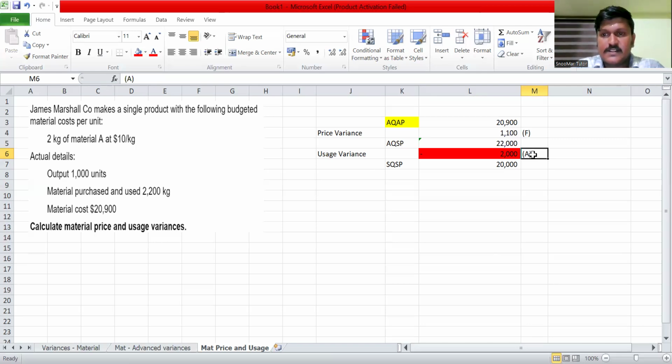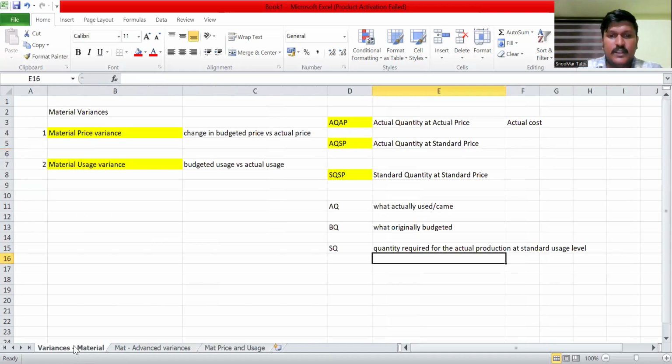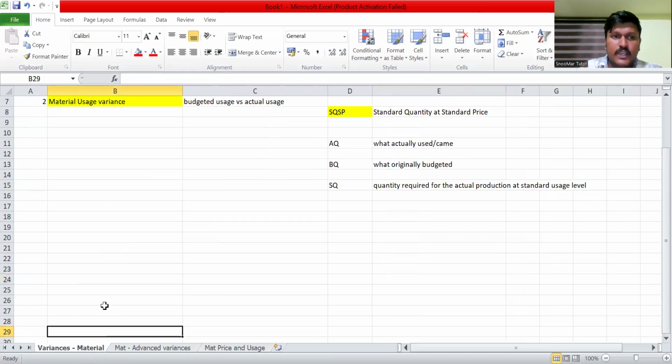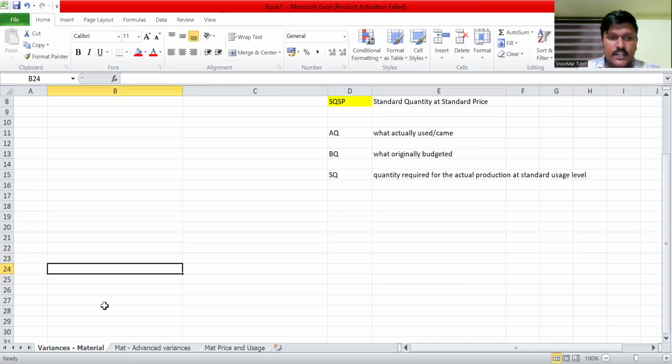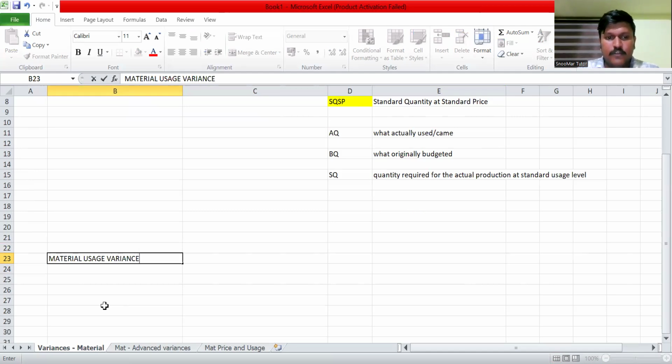Okay, let's consider another example with your mix variance in total. Mix and yield variance. This was a basic thing. Now let's go and see the mix and the other variances. So for this one, usage variance, your material usage variance, again would be relating to something where you are having more than one raw material being used.